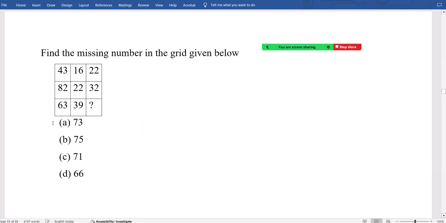Anyone solve? 43, 16, 22, row wise if you look into that, 82, 22, 32, 63, 39, what is the next one?